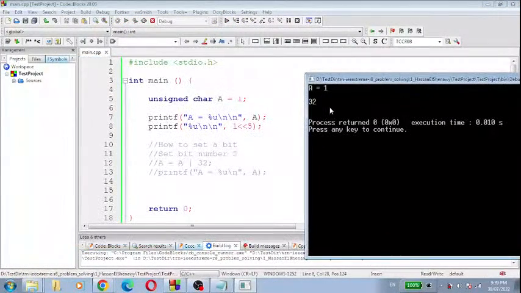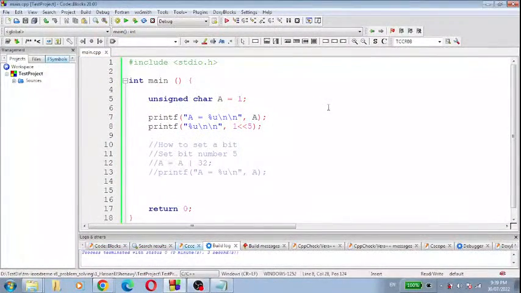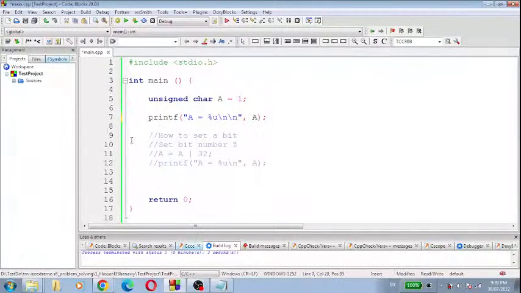So I have 32. Let's use this for it. Instead of writing 32 here, I'm going to write 1 shifted by 5, and that's it. It is the same. Let's run this.